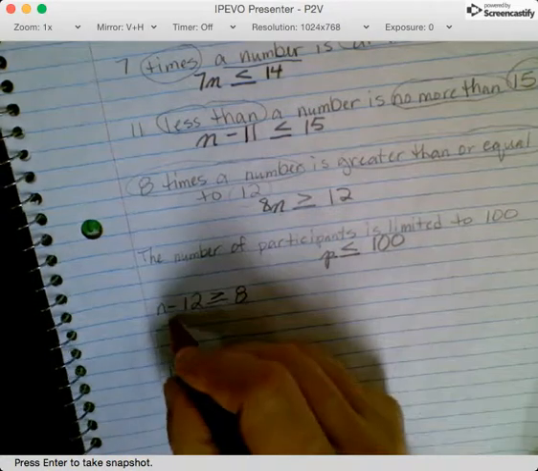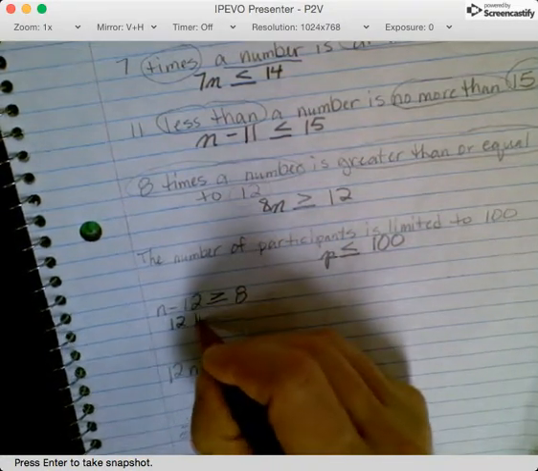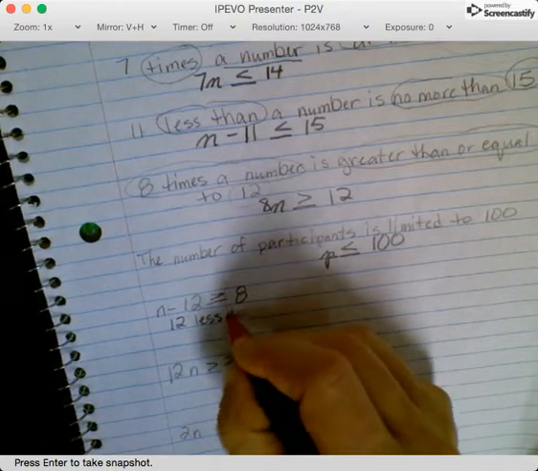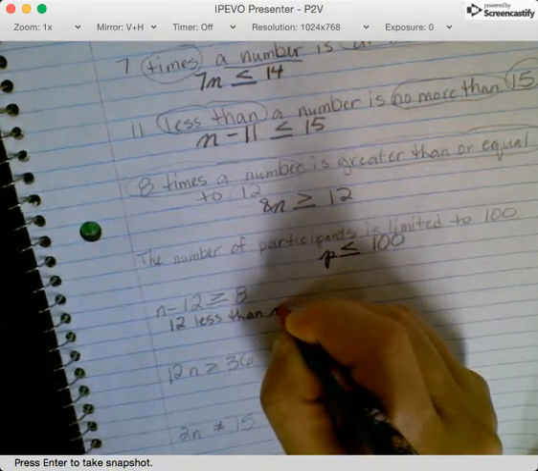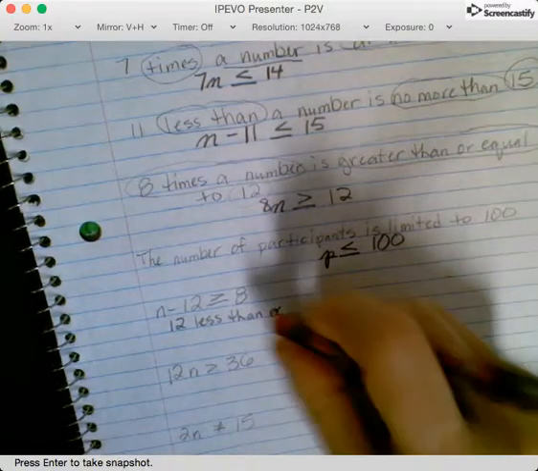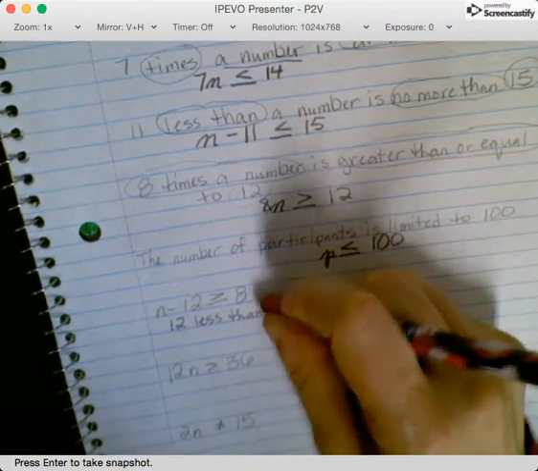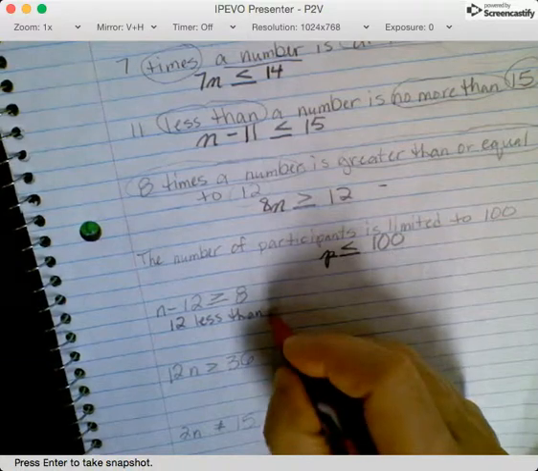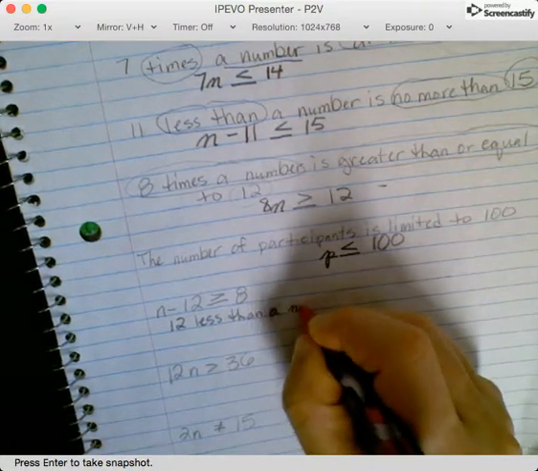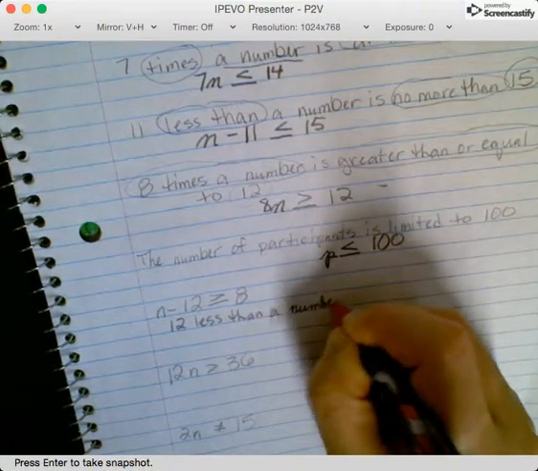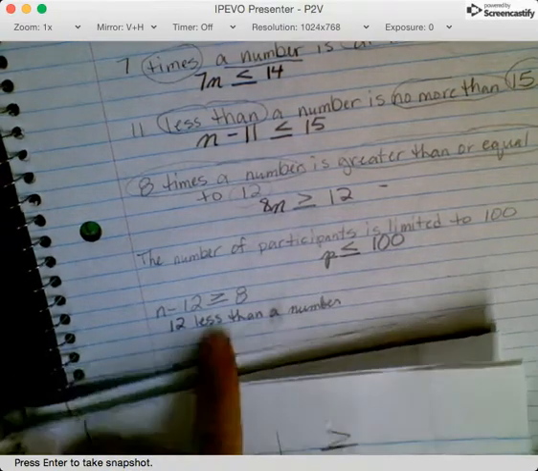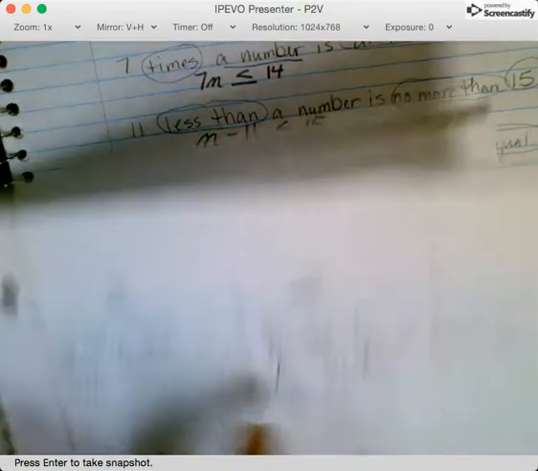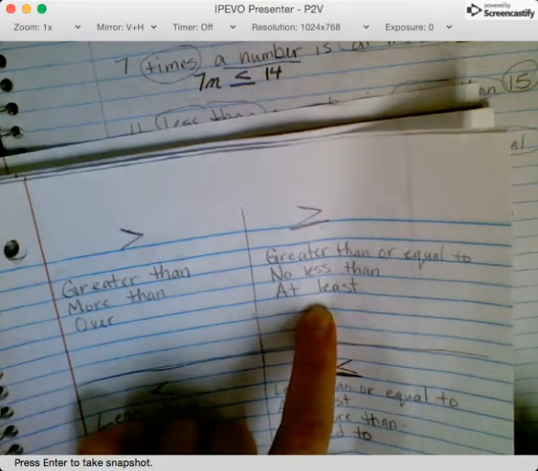So I want to put 12 less than n or a number. Let me say just a number instead of n. And then I'm going to look at my chart here. I have this greater than or equal to sign. I'm going to use at least.